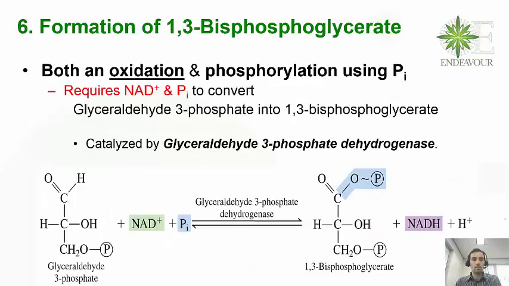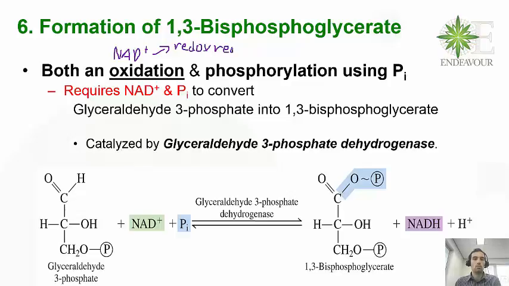Alright, so the first thing we need to do is actually an oxidation reaction. So it's going to use our NAD+. So what function does NAD+ serve? So NAD+ facilitates our redox reaction.